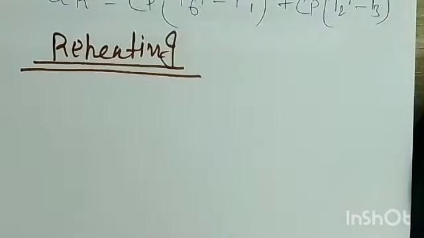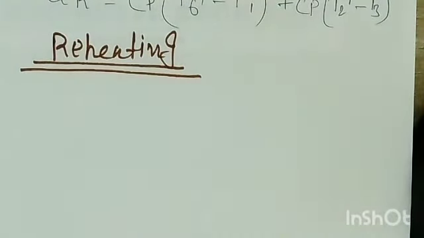So here in reheating we will use two turbines, one is the low pressure turbine and one is the high pressure turbine. So remember that whatever work is produced by the high pressure turbine, the whole work is supplied to the compressor as work input. Okay, and then the work developed by the low pressure turbine is used for power generation.